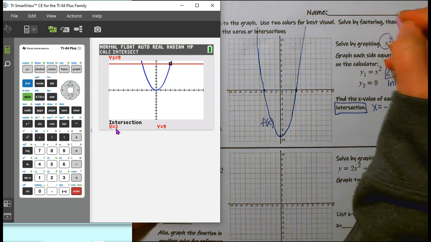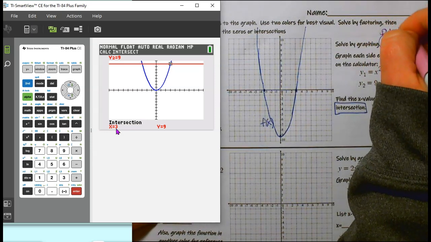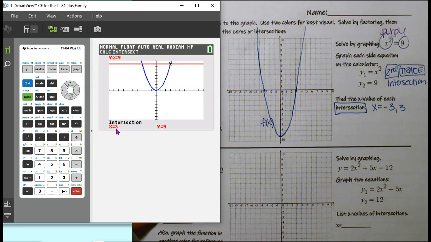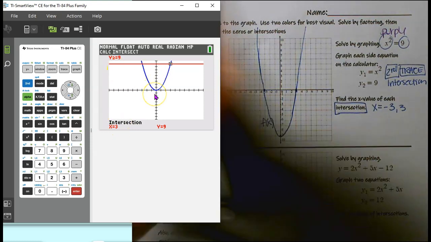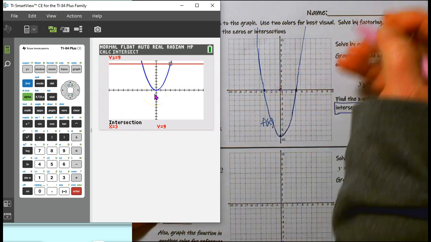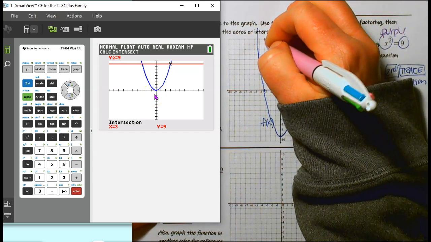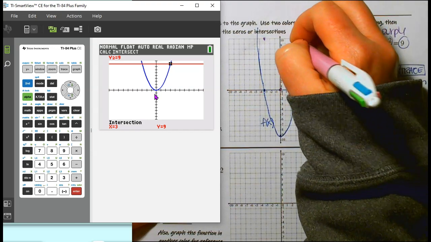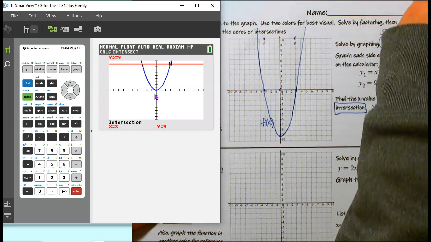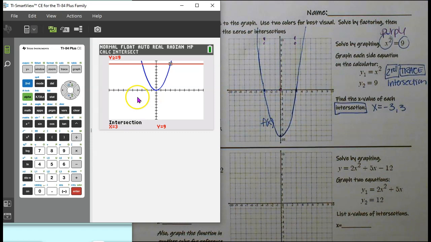So this one's going to be in purple. If I look at it on the calculator, it starts at 0, but up here at 3 and at negative, oops, wrong value, at 9, I'm going to have an intersection.